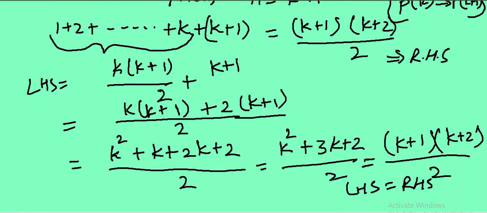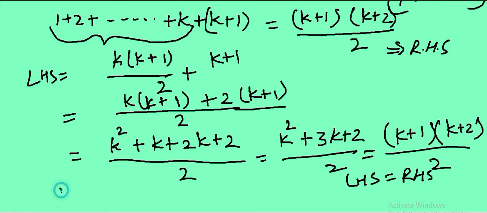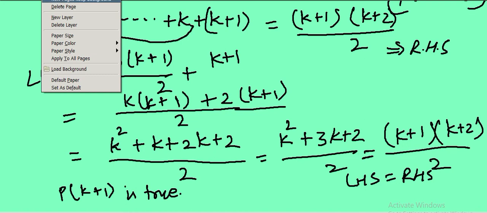So it holds true for P(k plus 1), right. Like that you can take other examples to solve these types of questions. I hope it will help you to understand this concept.